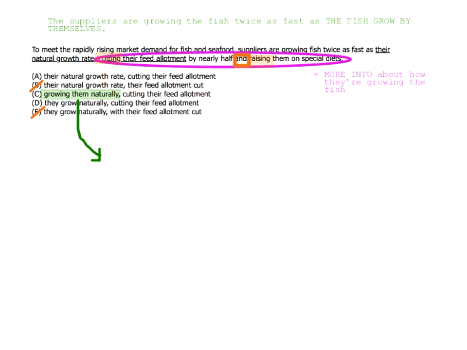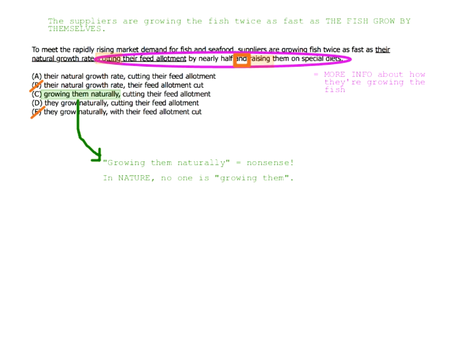So, in fact, these three words are impossible because they just don't make sense. In nature, no one is growing them. So they just grow.